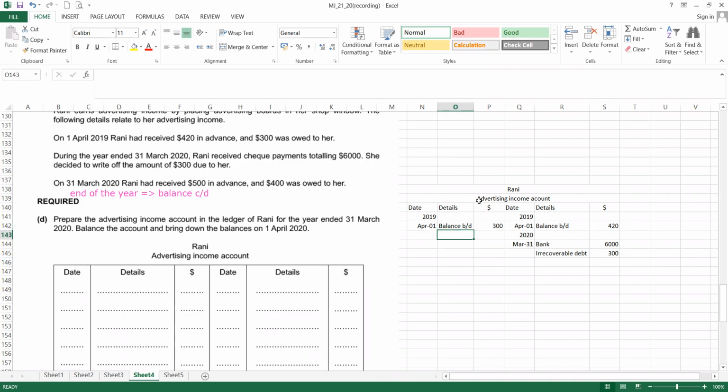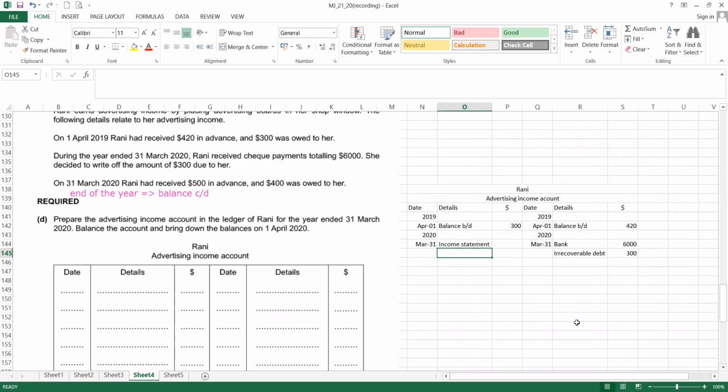Why? Because this is an income account. You must have the income statement to write it in the debit side. So we draft this income statement first because we don't know how much it is. So here, balance carried out. This balance carried out is the received in advance, which is a liability. And 400 was owed to her, which is the asset.